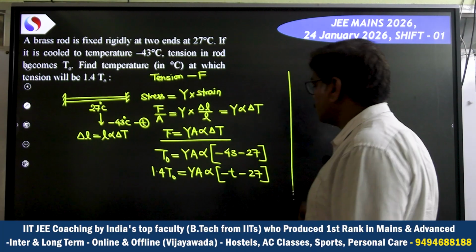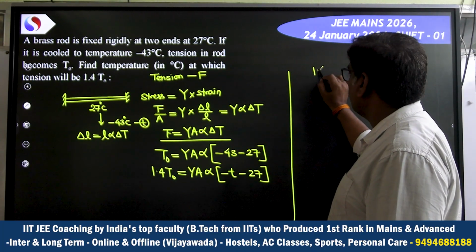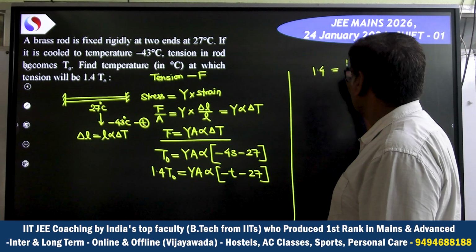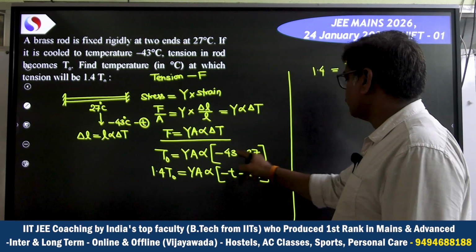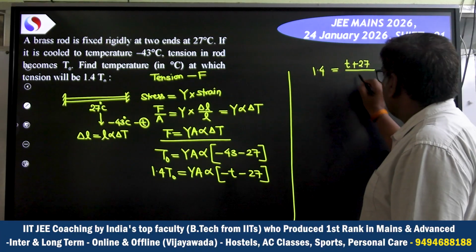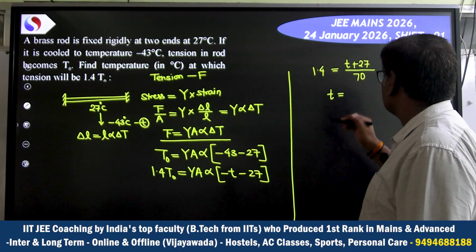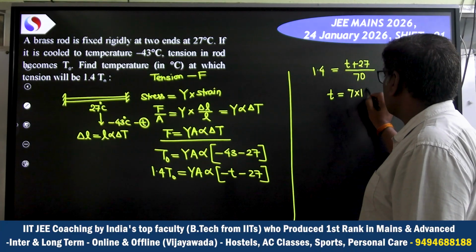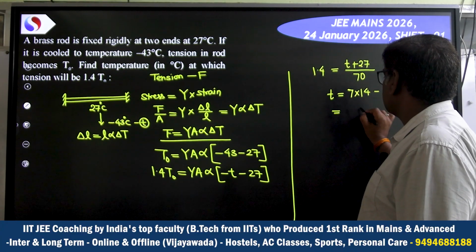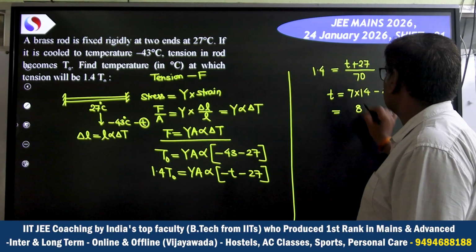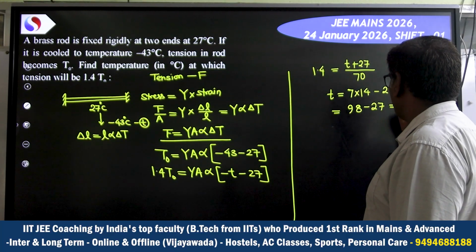So these two equations, I will simply divide. What I am getting is 1.4 equals T plus 27 divided by 70. So T is equal to 7 into 14 minus 27. This is 98 minus 27, which is 71.